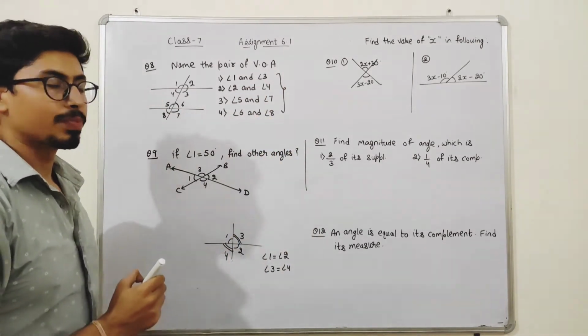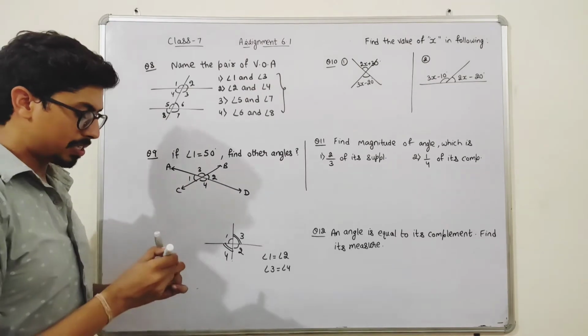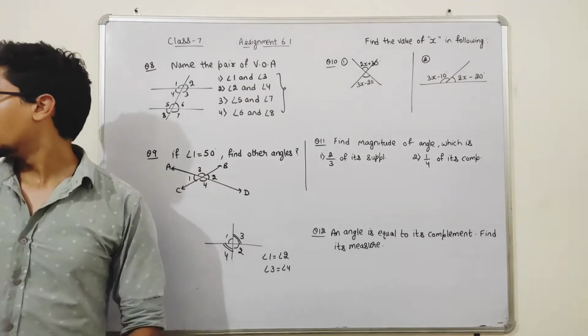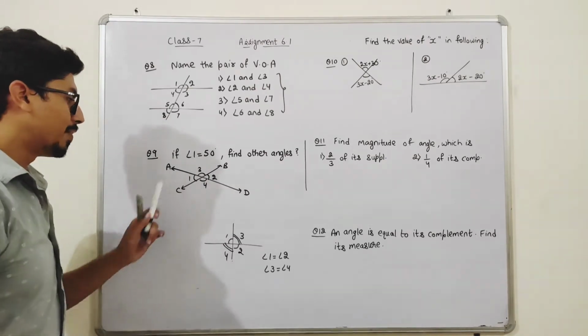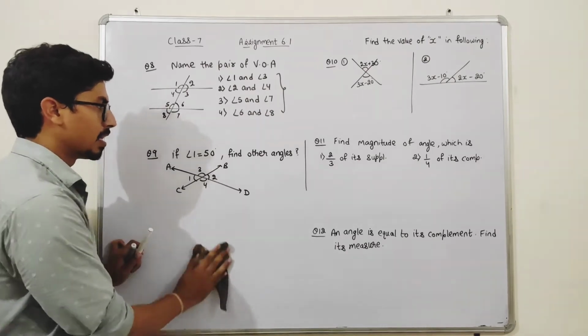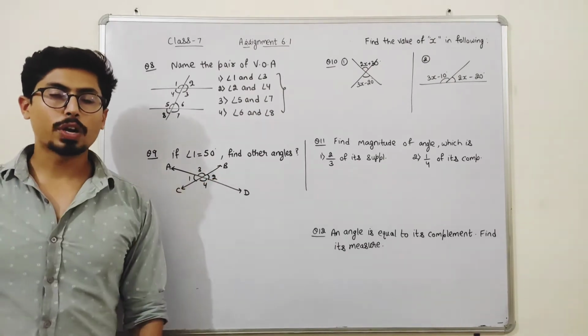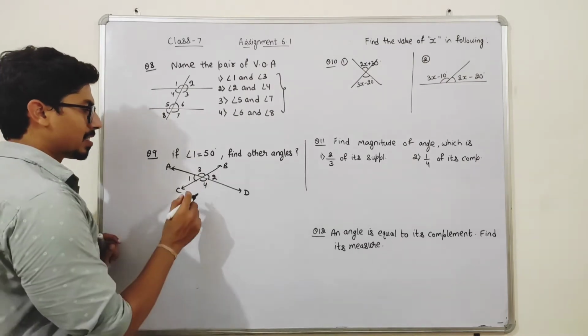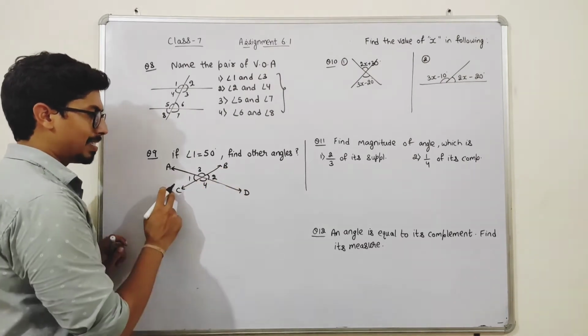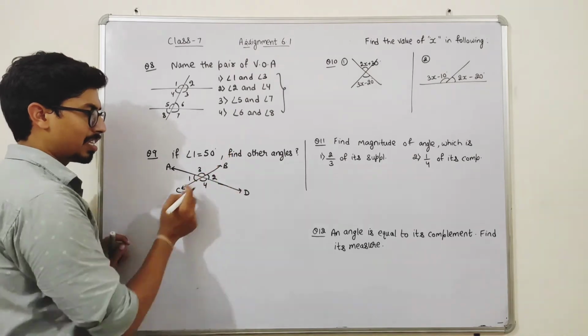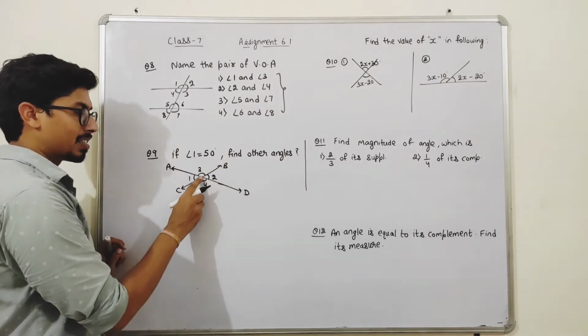Okay students. Now in question number 9, angle 1 is given to us, that is 50 degree, and I have to find out the remaining second, third and fourth angles. If I just see AD and BC, these are two lines intersecting at this point.